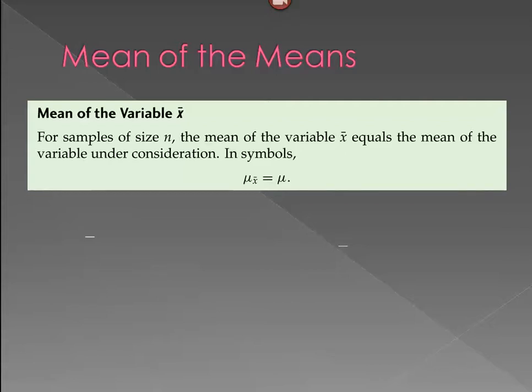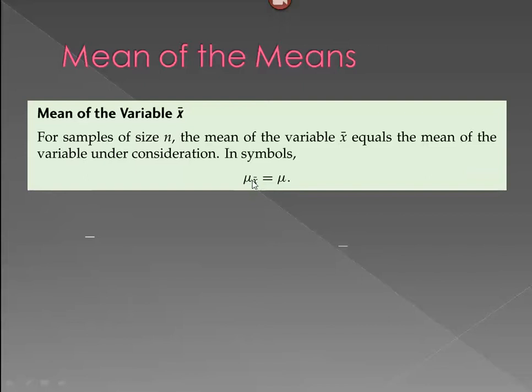And symbolically, let's interpret this. We know that the symbol mu represents a population parameter, so everything within that population was used in calculating that number. So when we say mu sub x bar, with sub representing the subscript here, it means the mean of all of the x bars.